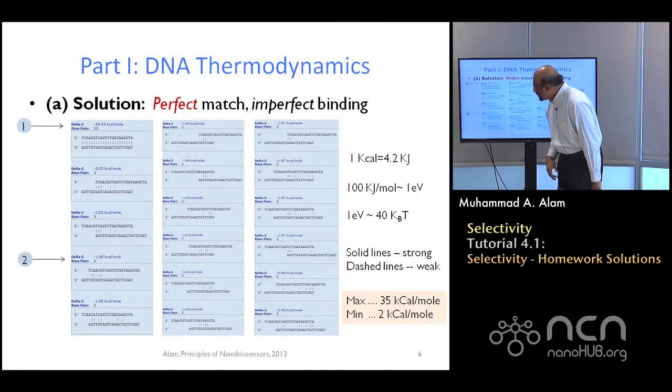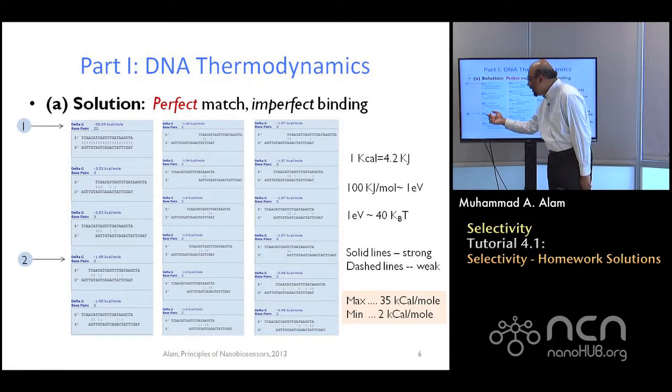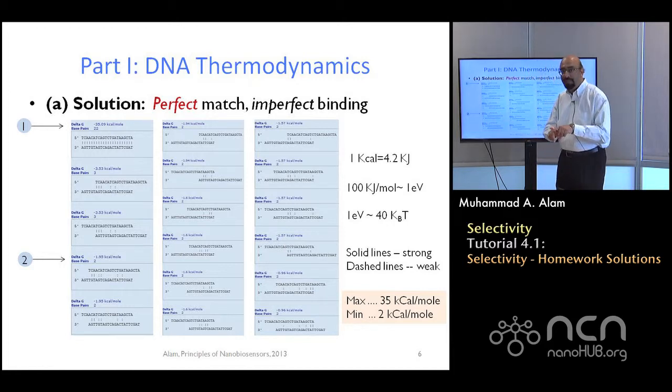Look at this 2. In this case, delta G is a minuscule 1.95 kilocalorie per mole, and only 2 base pairs have bound properly. They could in principle bind in 22 places. But statistically, when the molecules come in contact with each other, they can incorrectly bind, where the rest of the 22 are not bound.